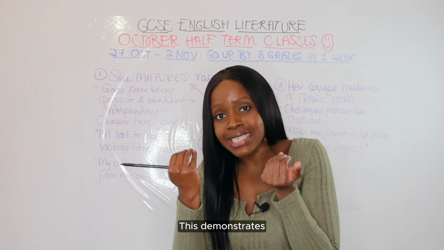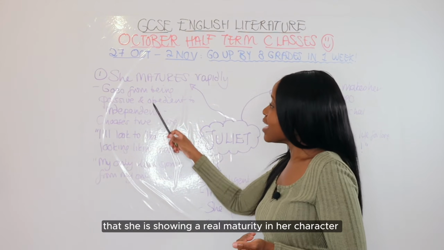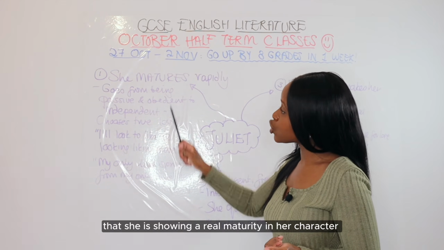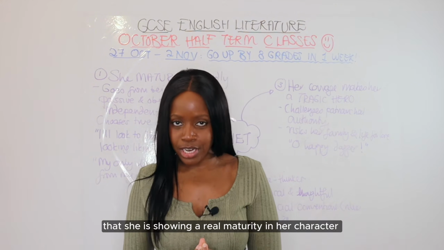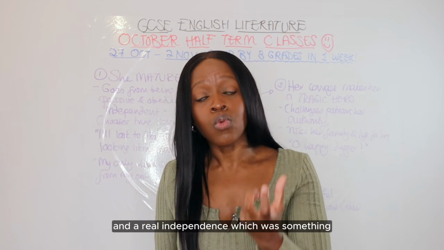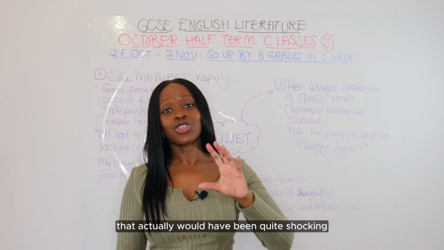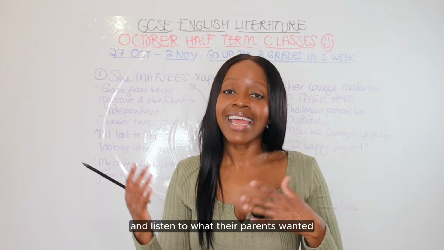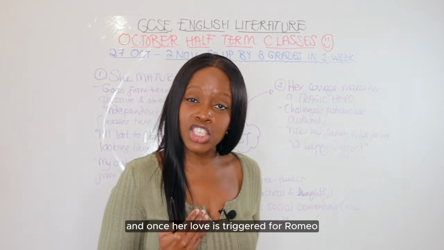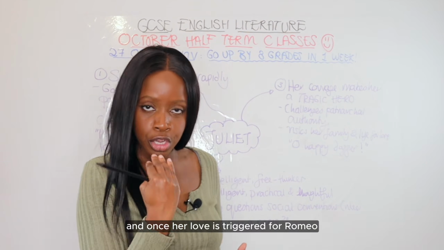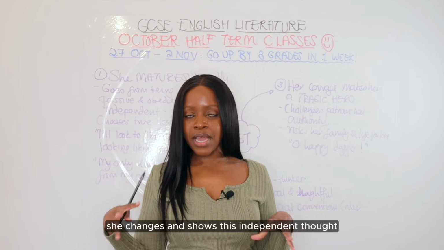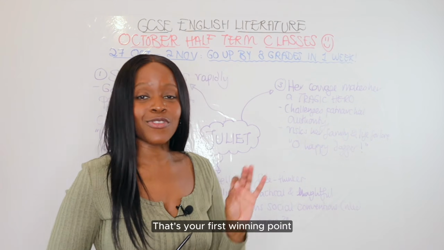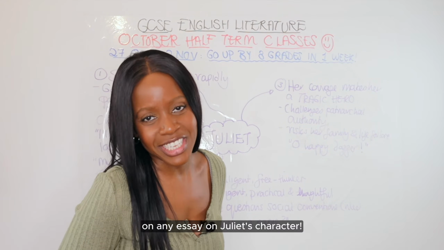Well, this is where you're going into analysis: she is showing a real maturity in her character, okay? And a real independence, which was something that actually would have been quite shocking for an Elizabethan audience at the time, because women were expected to be quite passive and listen to what their parents wanted. And actually, once her love is triggered for Romeo, she changes and shows this independent thought. That's your first point. That's your first winning point on any essay on Juliet's character.